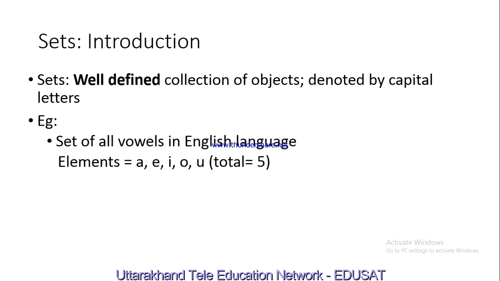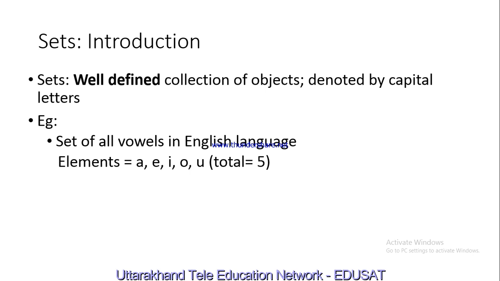Now, a set of all vowels in English language. Now again, this is a well-defined collection of objects. Why is it well-defined? Because everybody knows what are vowels and how many vowels are there in the English language. So this is a well-defined collection of objects. And what are the various elements which would be part of this set?